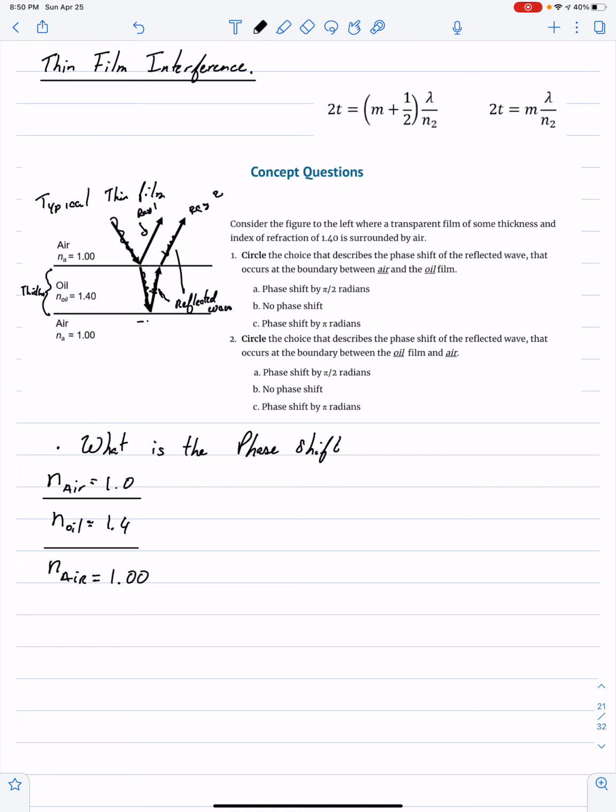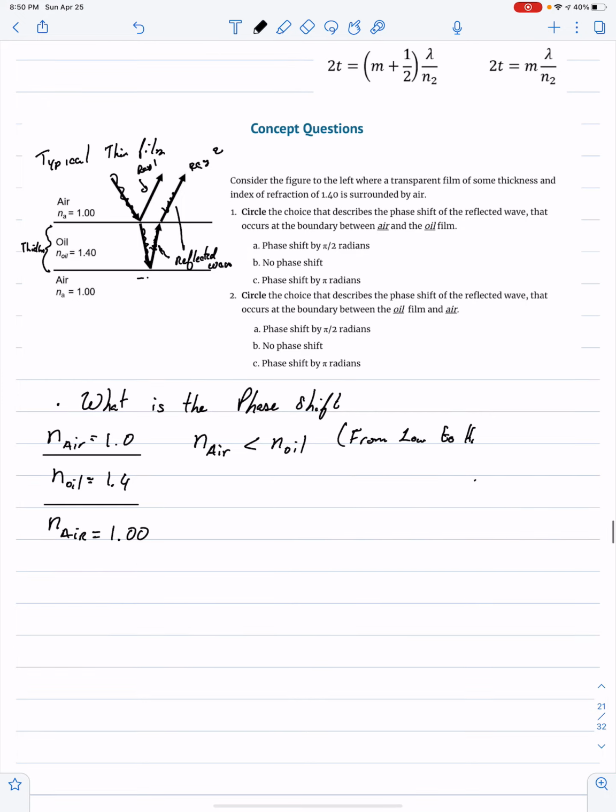For the first one, the phase shift goes from air to oil, from low to high. Since it's going from low to high, there's a phase shift of pi. Just remember that.